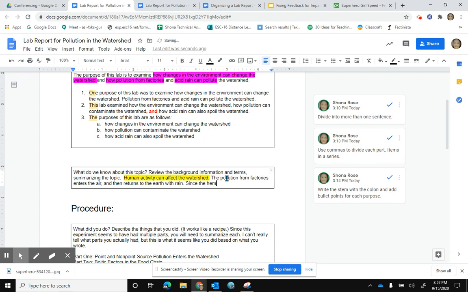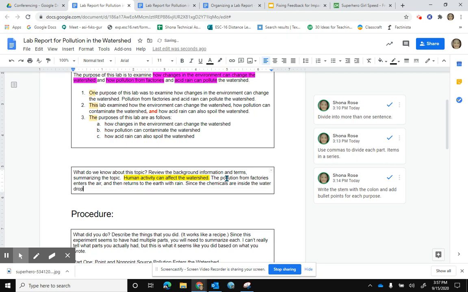Since the chemicals are inside the water droplets, they now enter the ground. And so what we're talking about with the watershed right here is going to be important here.